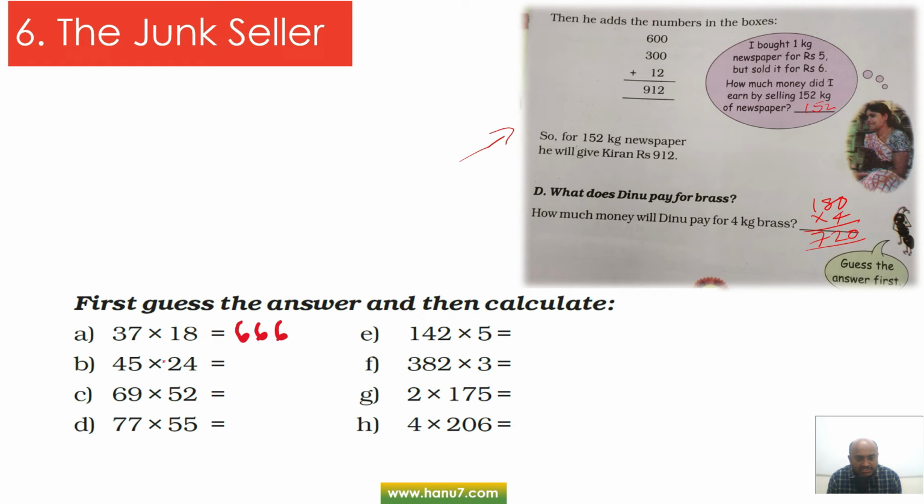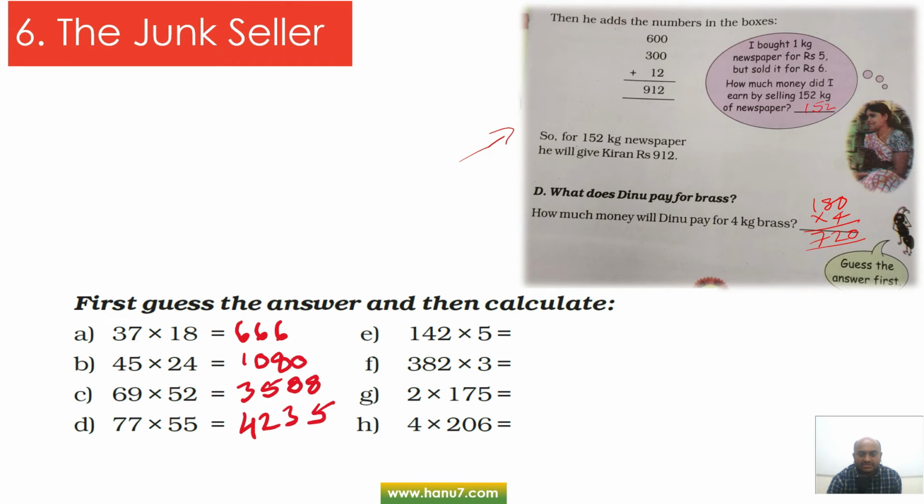Okay, that is around 1080, and this will be 69 into 52. You take 70 here and then multiply it with 50, so it will be around 3500 something. Then next 77 into 55, this is also around 4000 something like that.